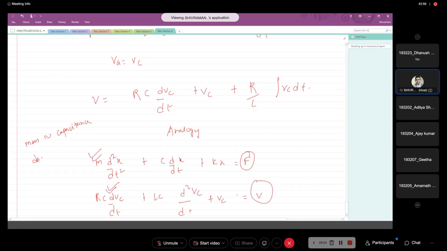Then you have a dashpot, which is analogous to your inductance. Then you have spring, which is analogous to your resistance. So this is how you can develop the analogy between electrical system and a mechanical system.